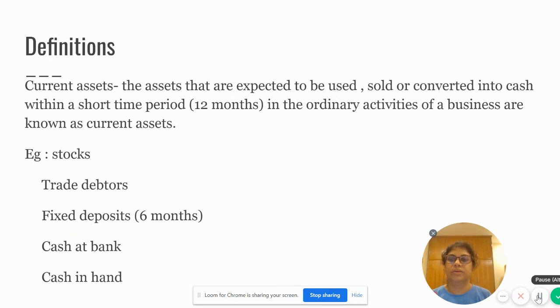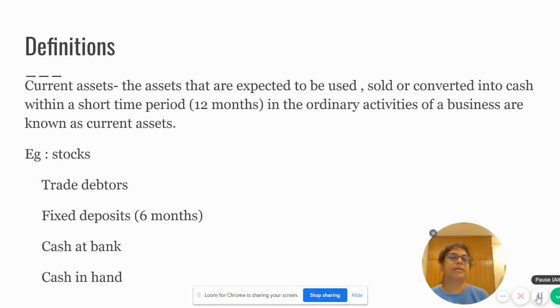Okay, current assets, the definition is: the assets that are expected to be used, sold, or converted into cash within a short time period, which is 12 months, in the ordinary activities of a business are known as current assets.